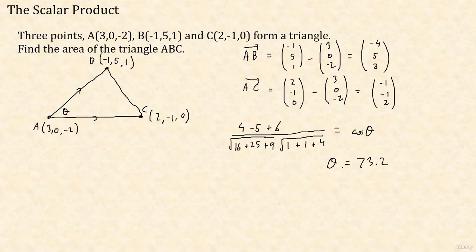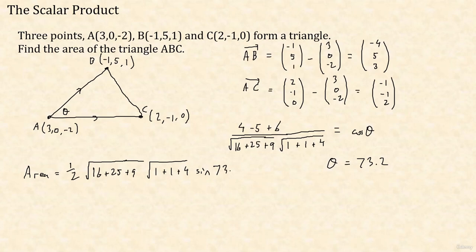And now I can just use half AB sine C to find the area. So the area of the triangle is half times the length of this line, it's the modulus of AB. The modulus of AB was the square root of 16 plus 25 plus 9, times the length of this other side, which is the square root of 1 plus 4, times sine of the angle I just found.